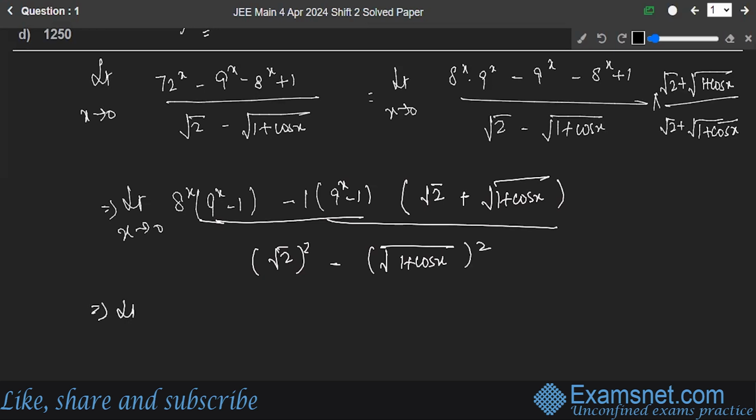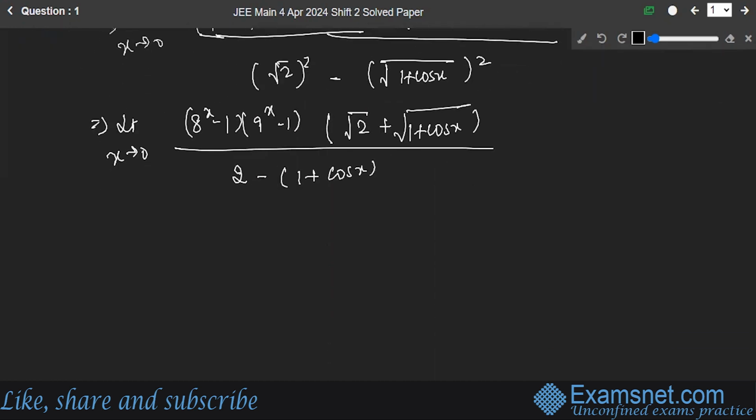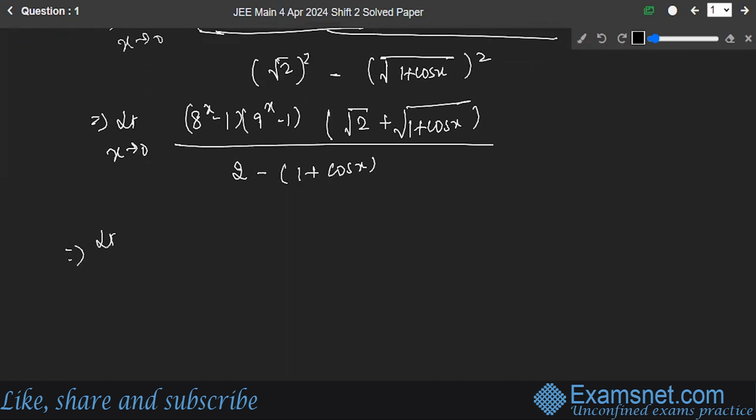Limit x approaching 0, this is 8 power x minus 1, 9 power x minus 1, and here you have root 2 plus root of 1 plus cos x, divided by 2 minus 1 plus cos x. Let it be like this only.